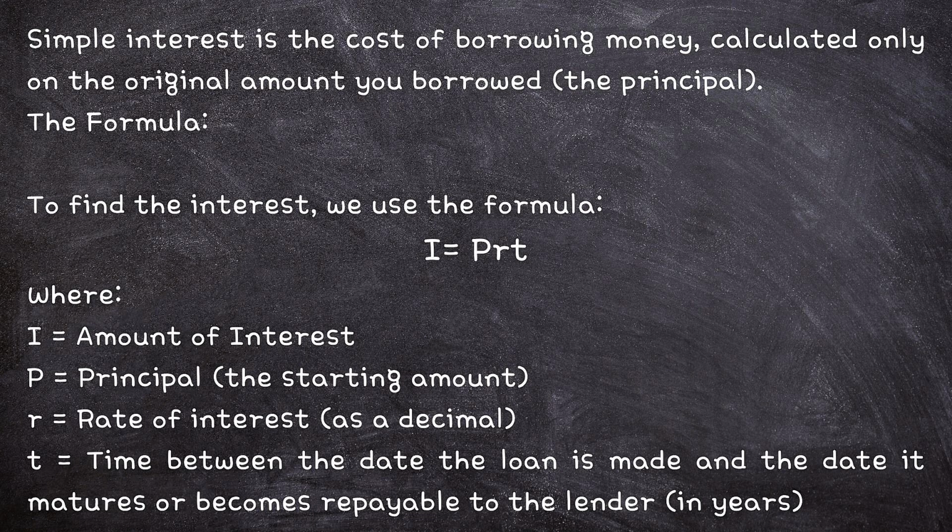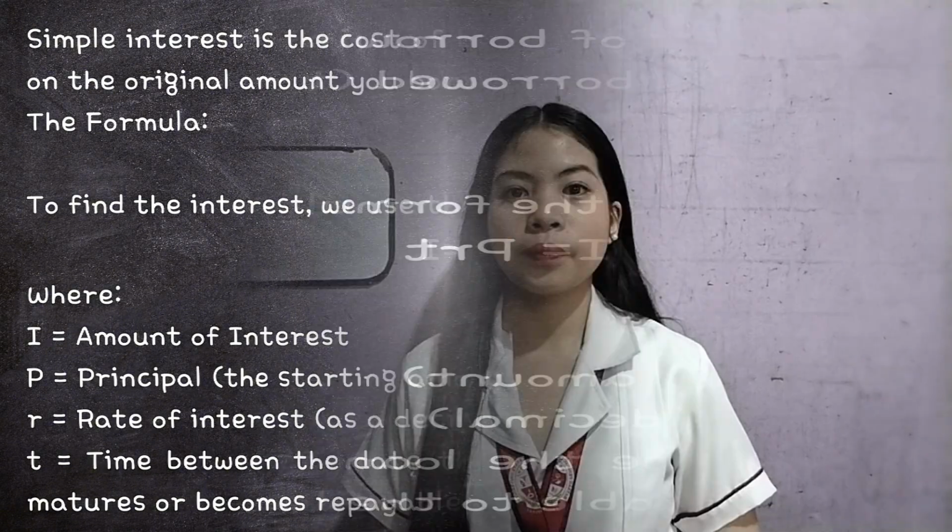To find the interest, we use the formula where I stands for amount of interest, P stands for principal or the starting amount, R is the rate of interest as a decimal, and lastly, T, time between the date the loan is made and the date it matures or becomes repayable to the lender, or in years.